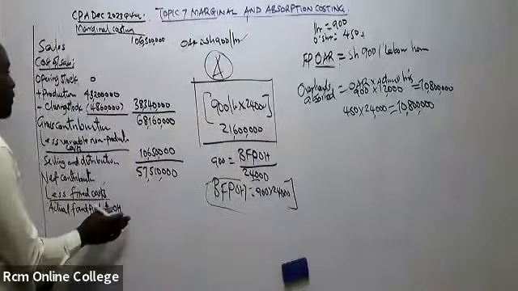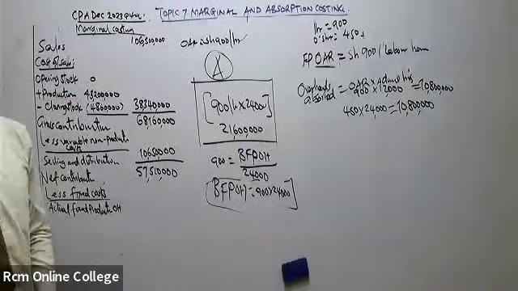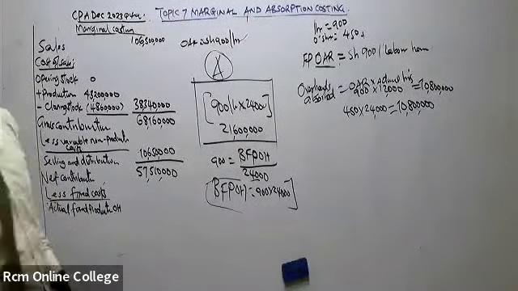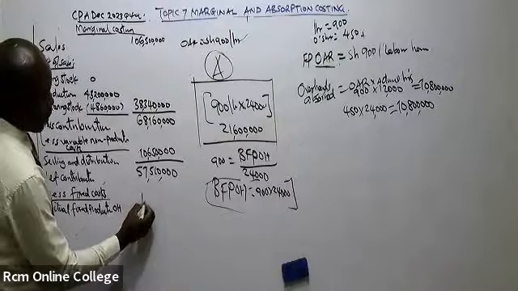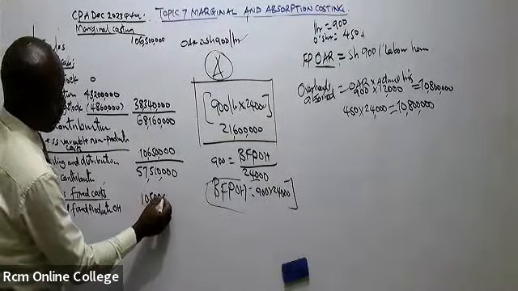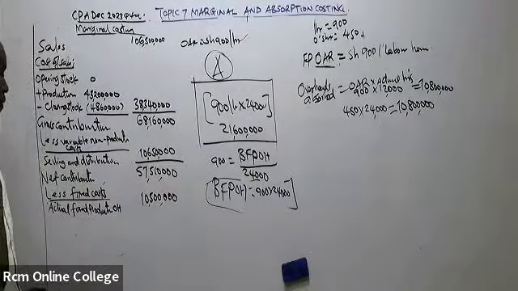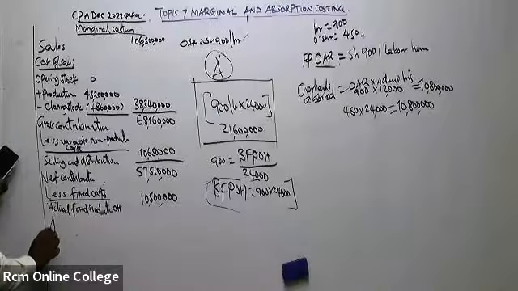What is our actual fixed production overheads? 10,500,000.